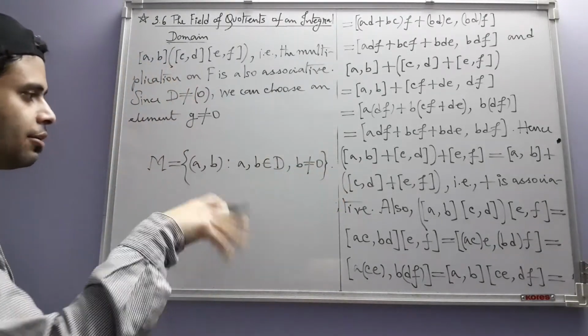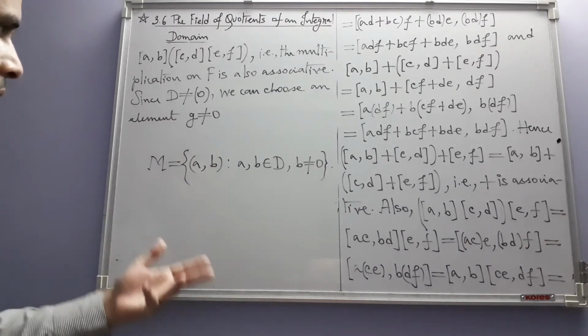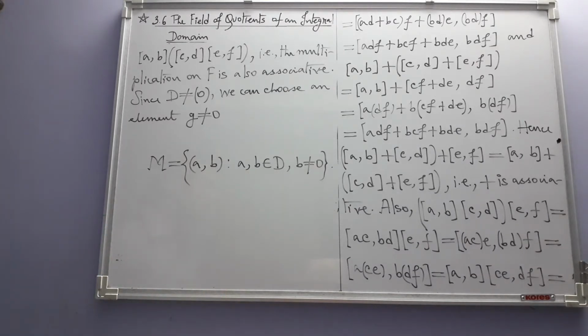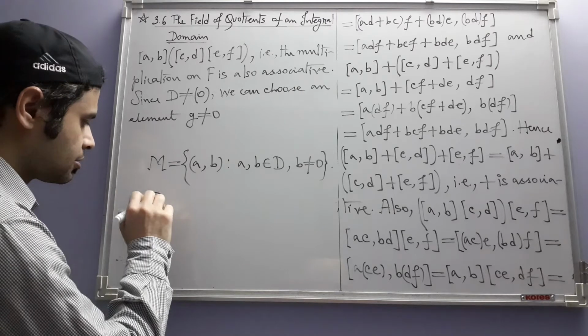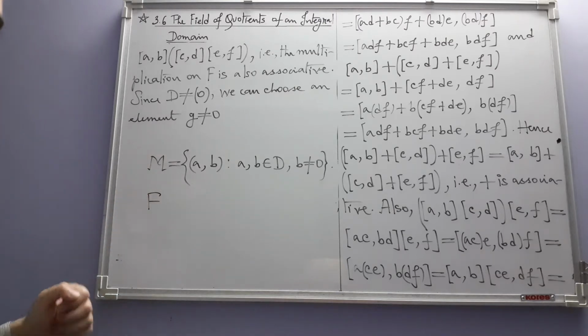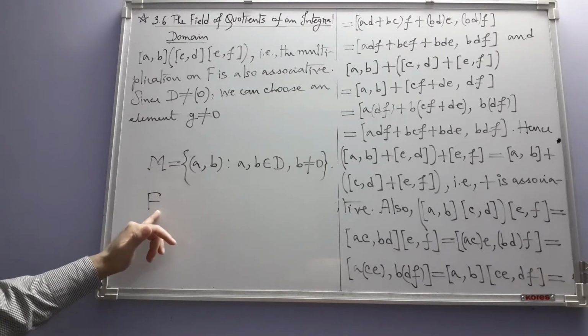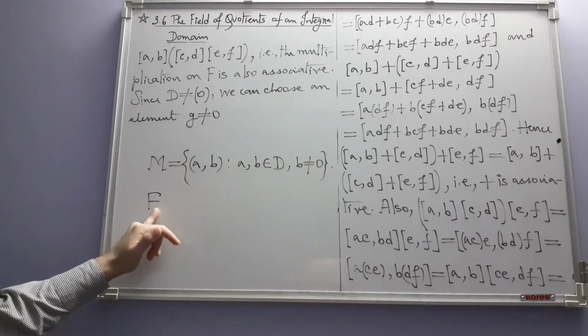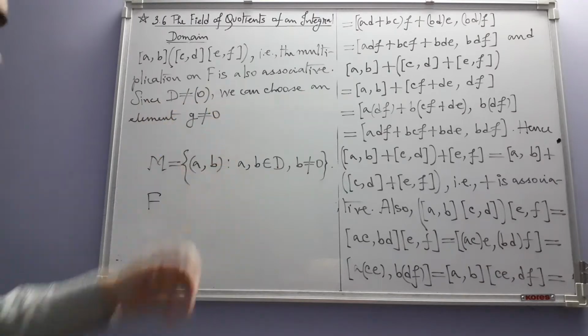If D had no non-zero element, M would be empty. So on the empty set we can define a relation, and then we can do all the things, but in that case the set of equivalence classes will itself be empty. So how can we make an empty set a field? We cannot. So that's why the fact that F itself is non-empty tells us that there are non-zero elements in D.